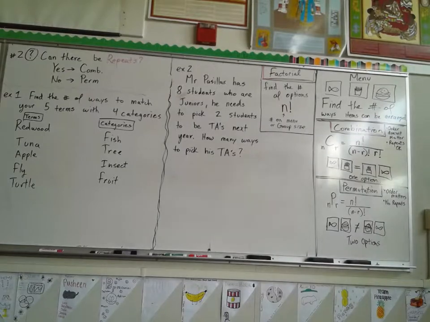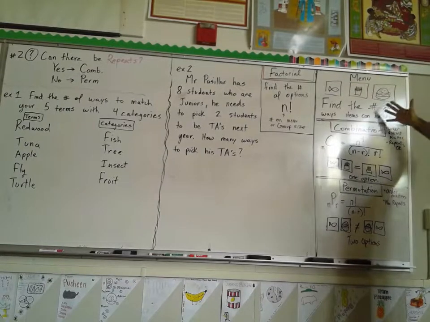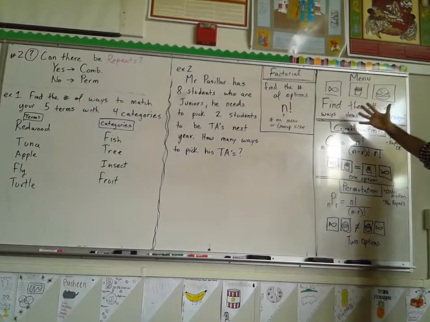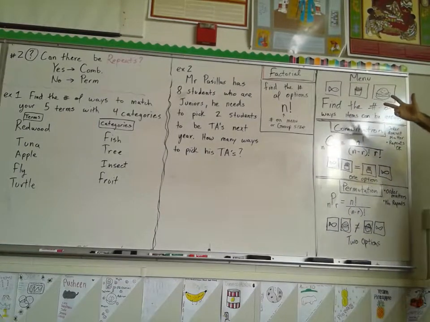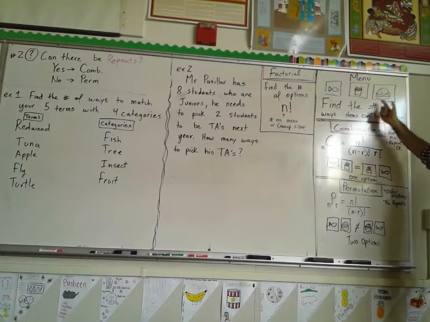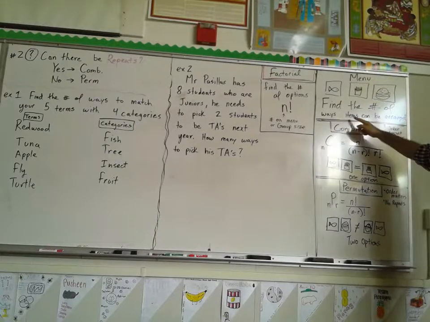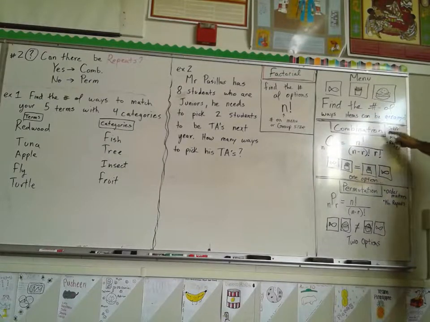All right, so yesterday, by the end of the day, I thought of different ways to teach this using this menu idea. If my menu is fish, fries, or hamburgers, those are the 3 things on the menu. To find the number of ways the items can be arranged, I first want to think about, what is a combination?